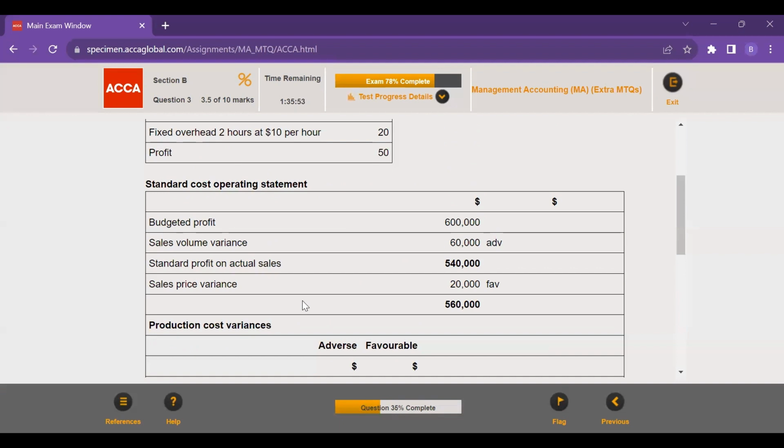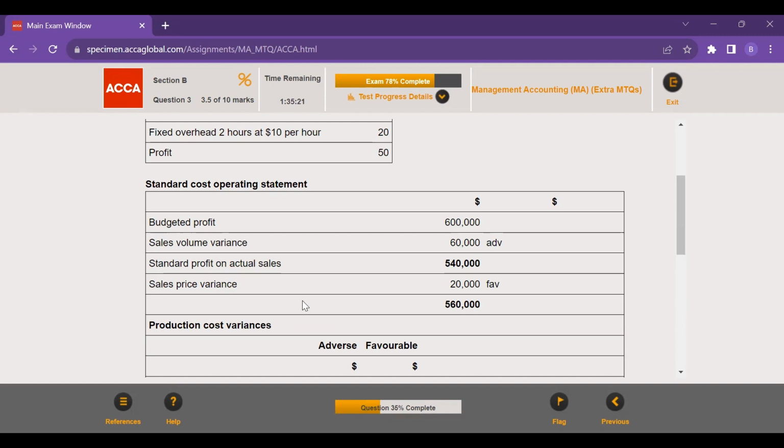You have attained 60,000 lesser sales volume, so the sales volume variance that is given to you is 60,000 adverse. So if I divide the standard profit on actual sales by my standard profit, I can find out that my actual sales units are 10,800.